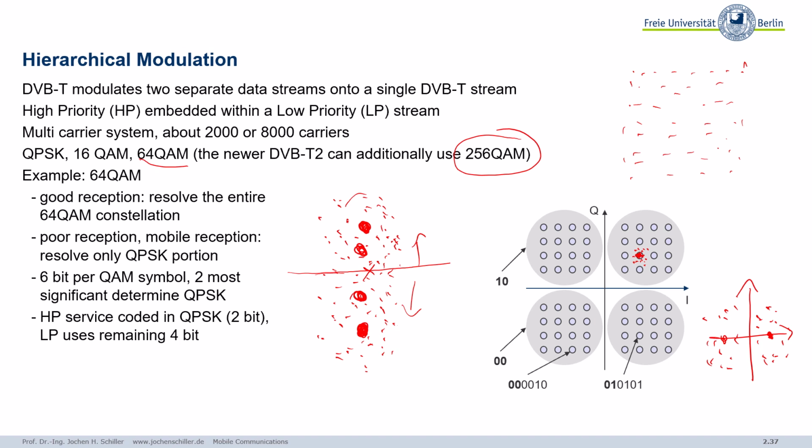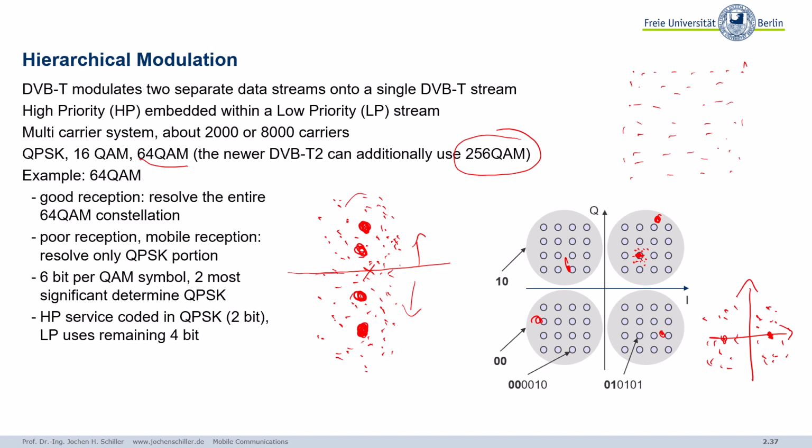But if reception is poor, maybe you can only say, I receive something here, or there, or there, or there. But you don't know if this really belongs to one of these points, these symbols, in the 64-QAM constellation.